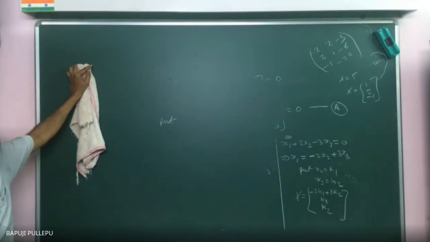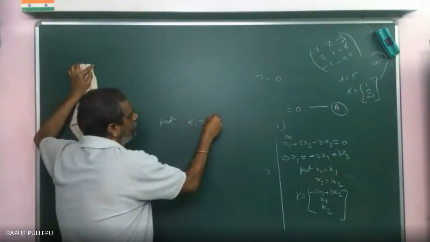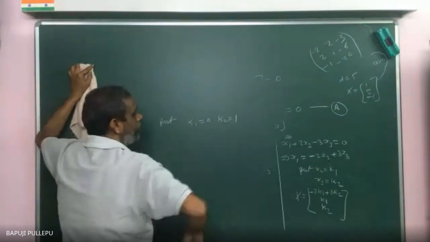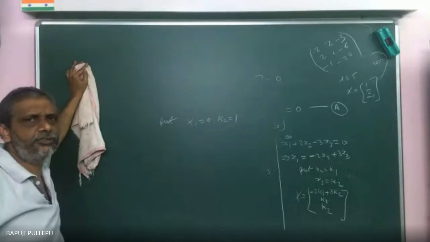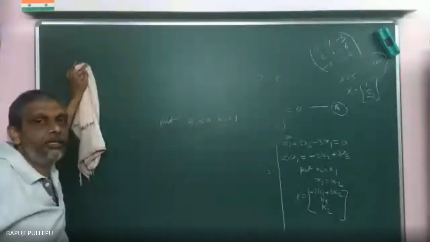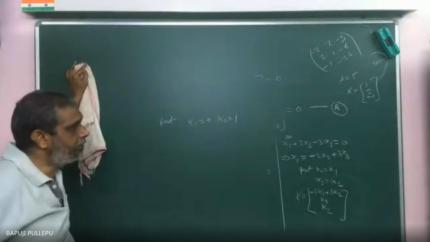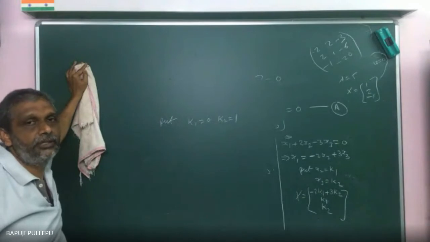Lambda is equal to 5 I already got. Correct? Now I will put k1 is equal to 0, k2 is equal to 1. Because there are infinite choices, if you want you can take 10 lakhs also, no problem. For the sake of convenience, so the appearance should be good, I will take 0, 1. It doesn't matter what values you take.